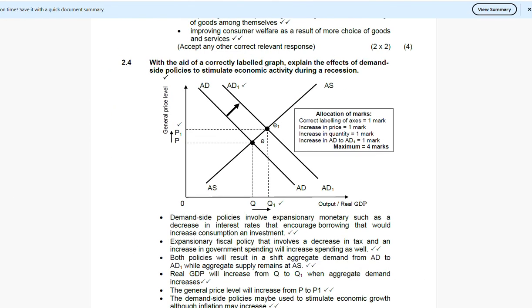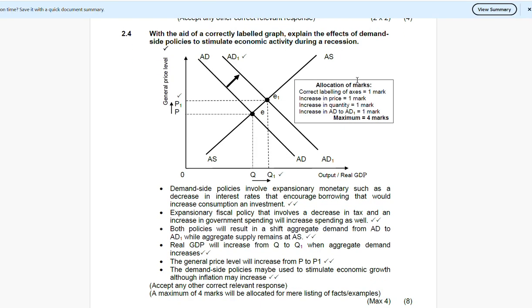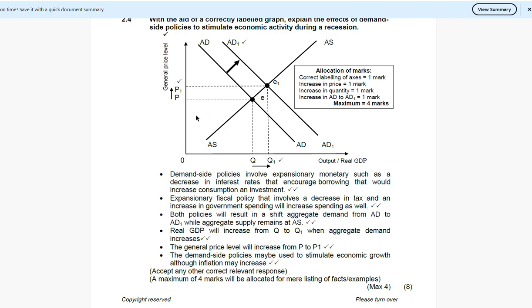With the aid of a correctly labeled graph, as requested, explain the effects of demand side policy to stimulate economic activity during recession. So what's going to happen? On your y-axis, you will have general price levels, and on your x-axis, you will have output or real GDP.